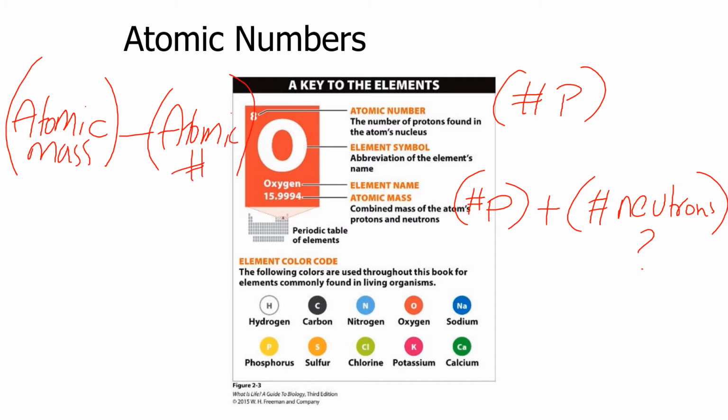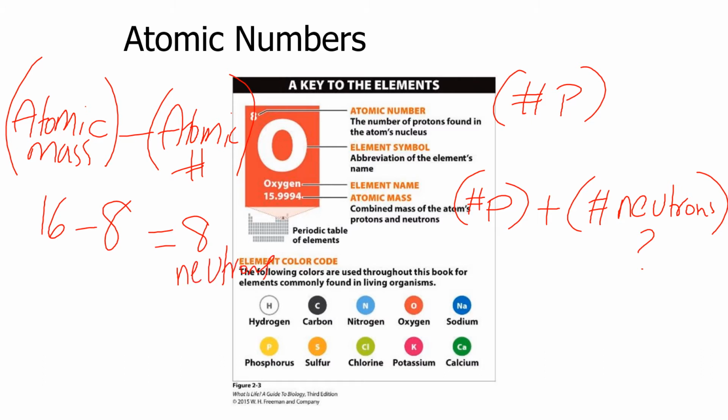In this example, it will be 16, my atomic mass, which is the number of protons plus neutrons, minus my 8, which is just the number of protons, and that would give me 8 neutrons.